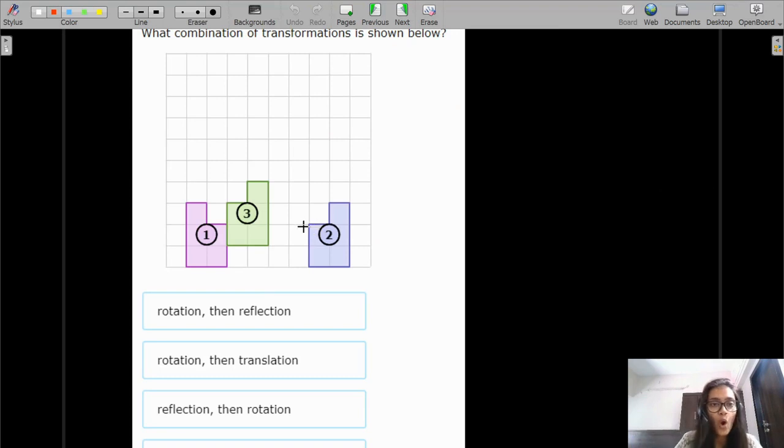Next problem, what combination of transformations is shown below? Alright, now let's start with number 1.